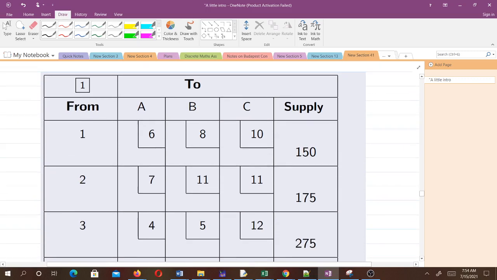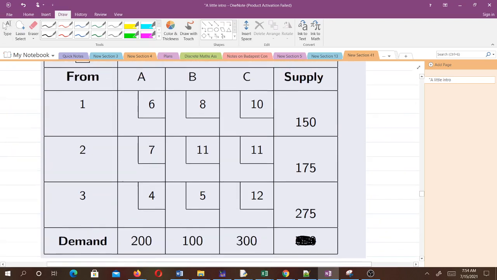You can see the first one is 6. With this 6 here, we ask ourselves, what is the maximum units that we can put here? The supply here is 150, the demand here is 200. That means we can put 150 here.